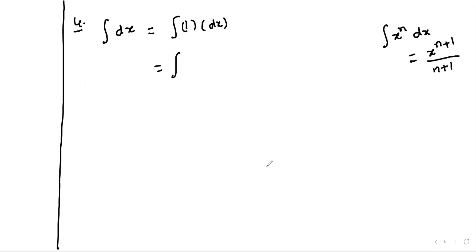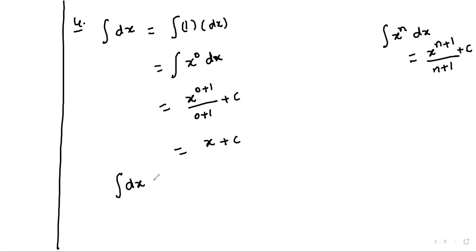How can I write? x power 0. Very good. So instead of n we have 0, so I can write x power 0 plus 1 by 0 plus 1 plus c, that is x plus c. So integral dx equals x plus c.